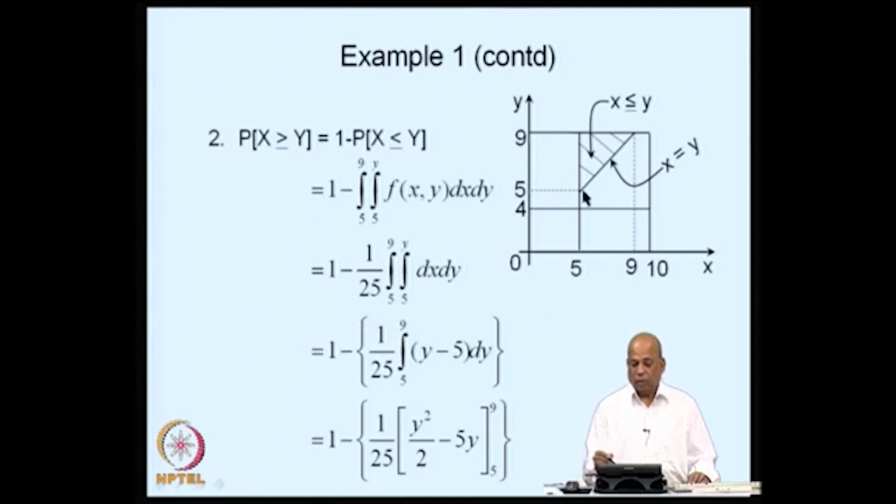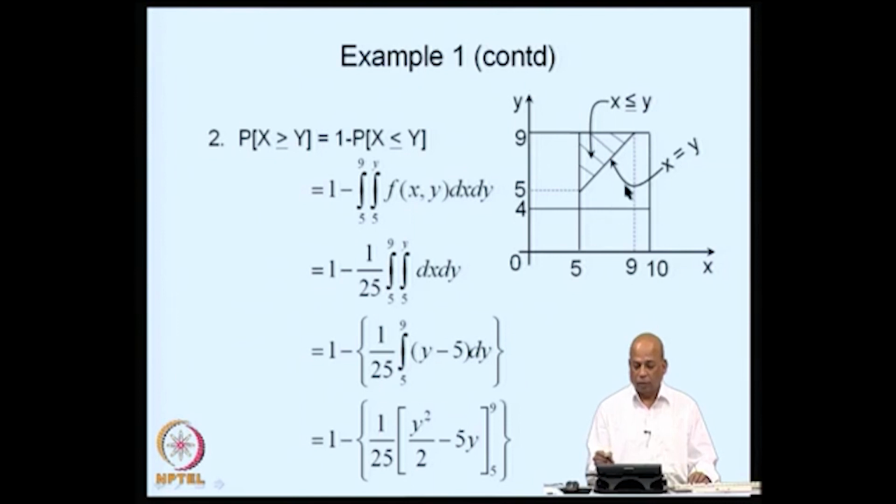Just revisit the problem; you can do it as a homework assignment. What we did is we integrated over this area, which is the region where x is less than or equal to y. We would have got the probability of x greater than or equal to y directly by integrating f of x y over this region.